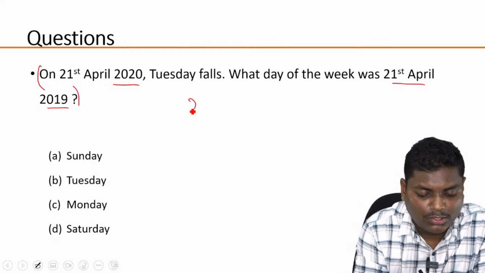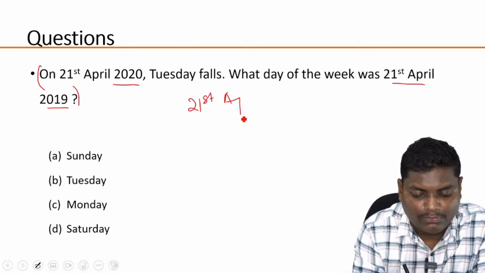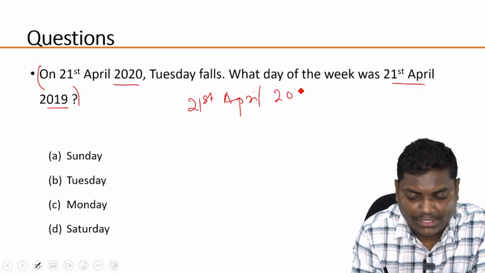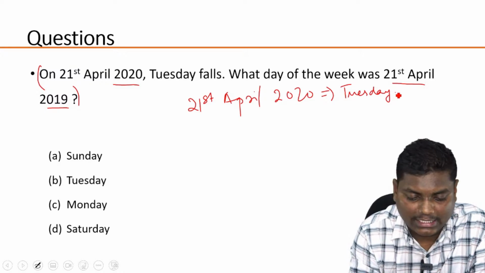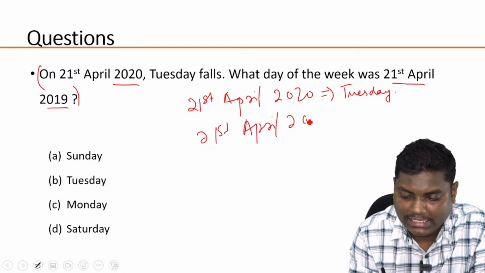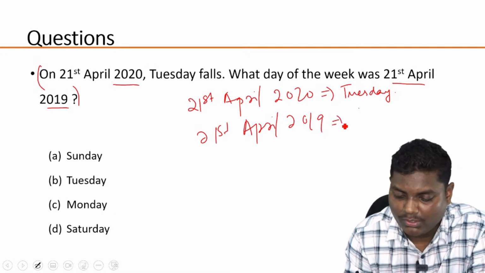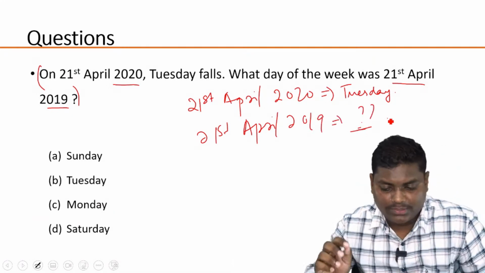It's saying on 21st April 2020, it's Tuesday, and it's asking us about 21st April 2019. We have solved a similar question. What will be the day?